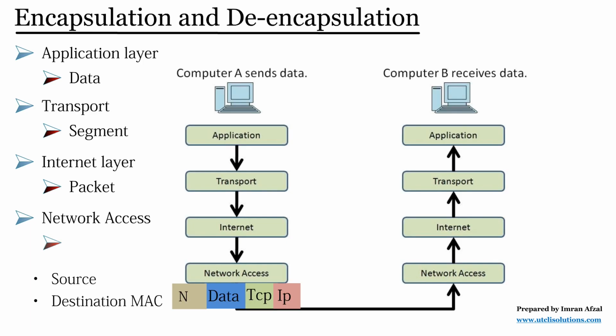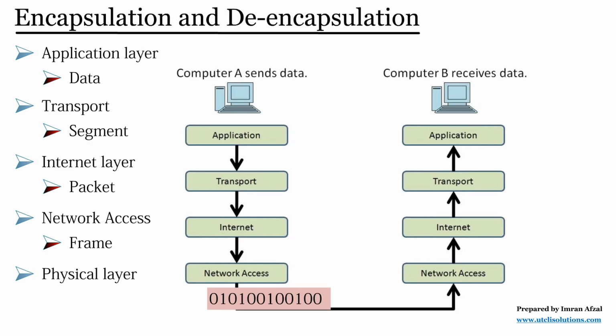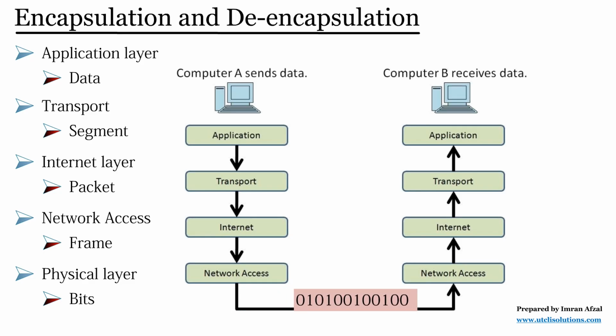The trailer includes a frame check sequence, which helps detect errors during transmission. Finally, the frame is passed to the physical layer, where it is converted into bits. These bits are transmitted as electrical signals or wireless signals, depending on the medium. The message is now ready to travel across the network.